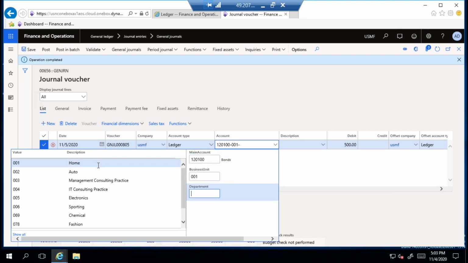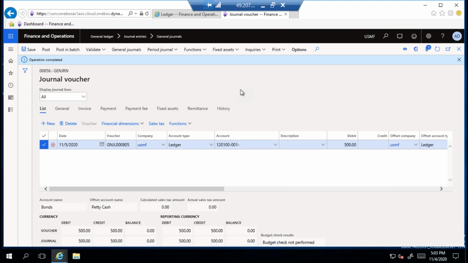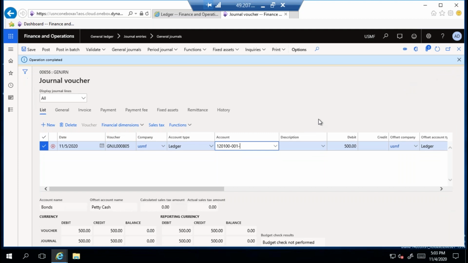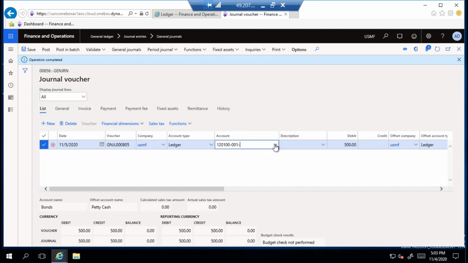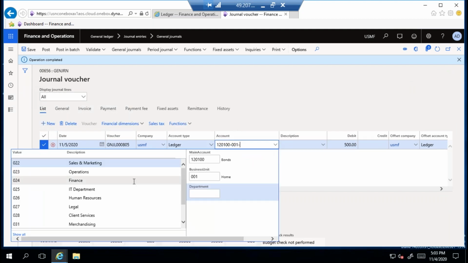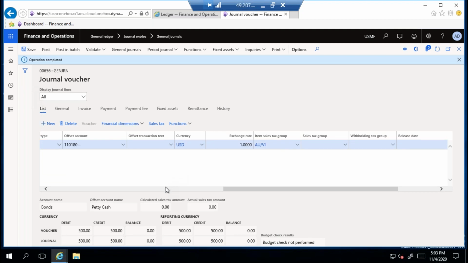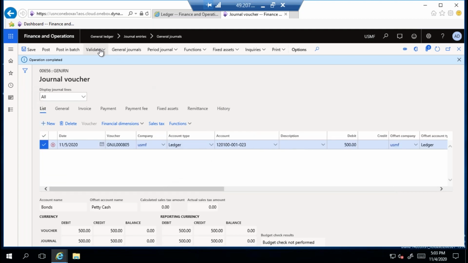Business unit, and I'm skipping department because the error message tells once again that blank is not allowed for the department combination. So by looking at this, you need to be very clear about this accounting structure. Based on that account structure, you need to map. Next, I'm trying to post now. Validate.